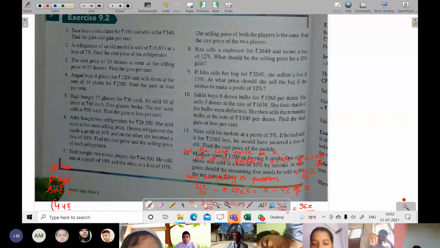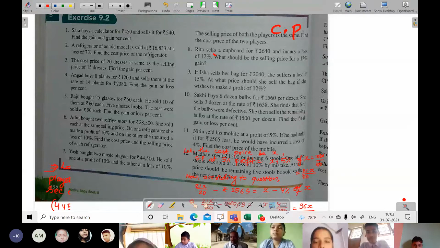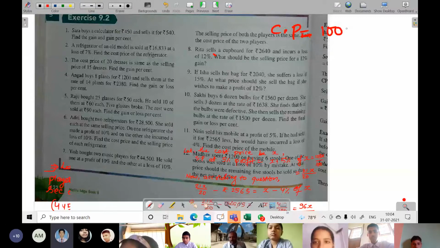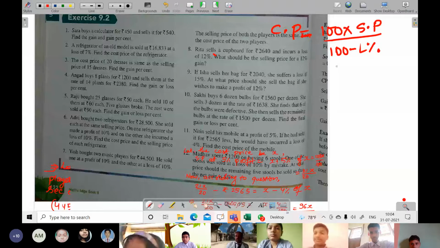SP is equal to this much, loss percent is equal to this much, then CP is equal to, there is the formula: cost price is equal to 100 into SP by 100 minus loss percent. This is the formula.